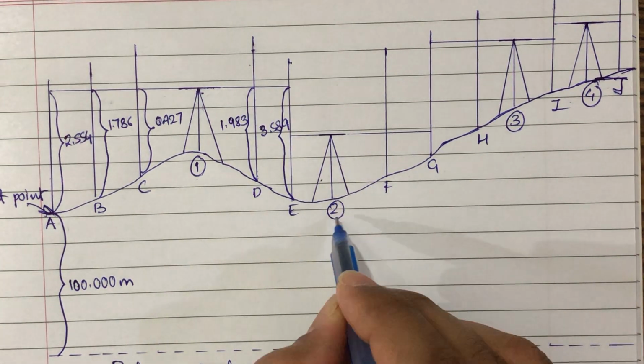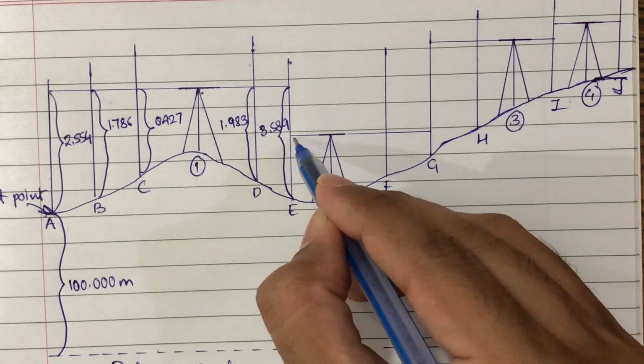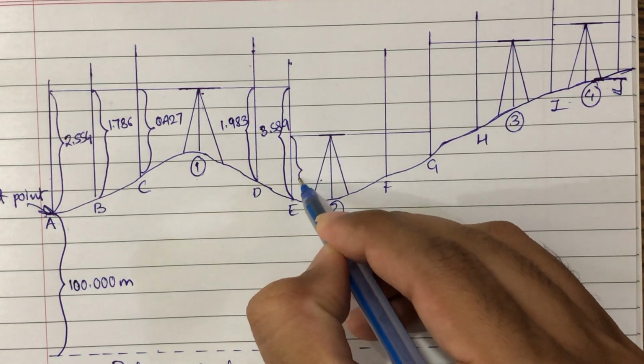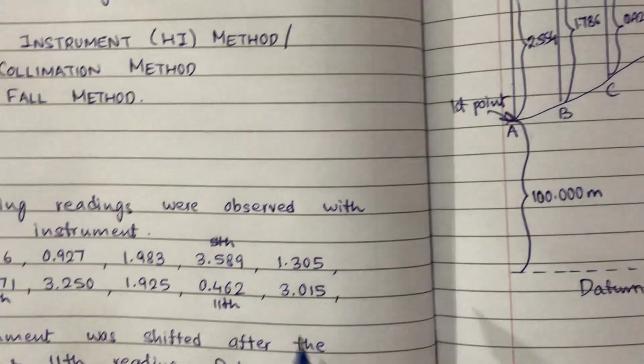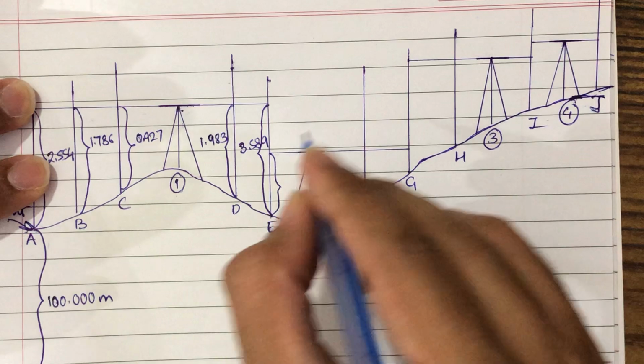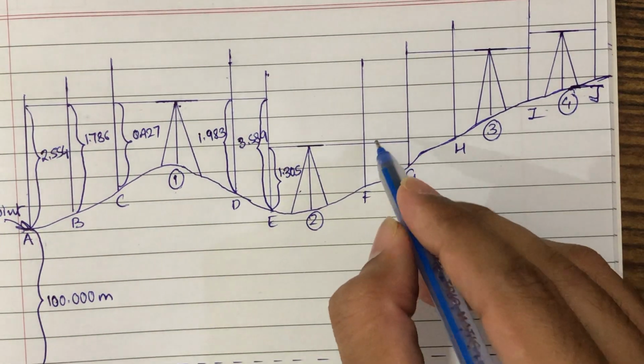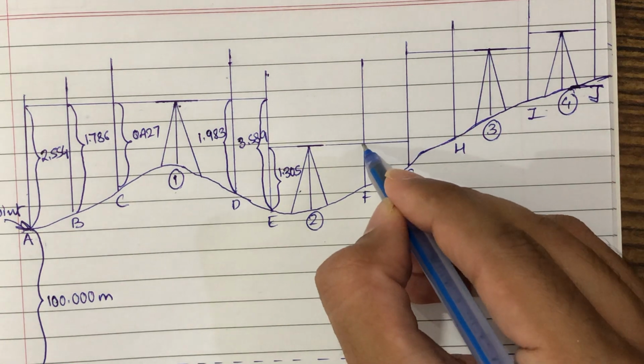After it changed its position to point 2, the reading on the leveling staff came out to 1.305. Then this reading was 1.422.